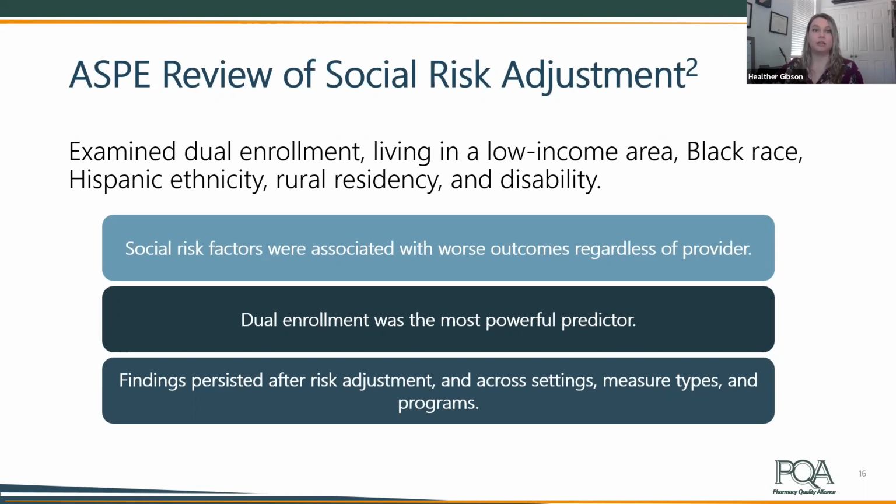That really just means that these factors are truly outside of a provider's control. They also found that dual enrollment was still a powerful predictor for adverse health outcomes, and that this persisted even after risk adjustment across all different settings, measure types, and even across different programs.